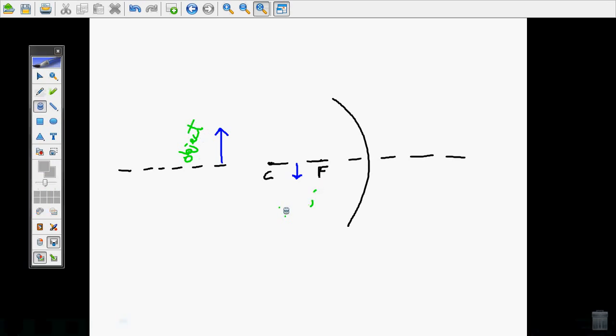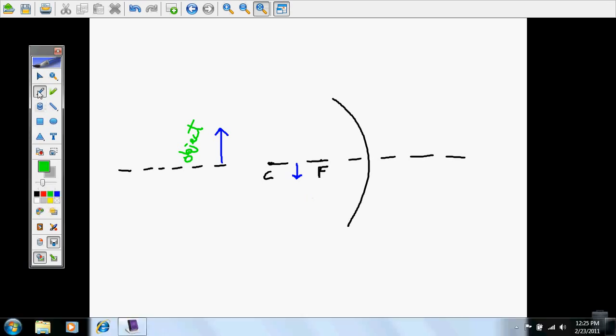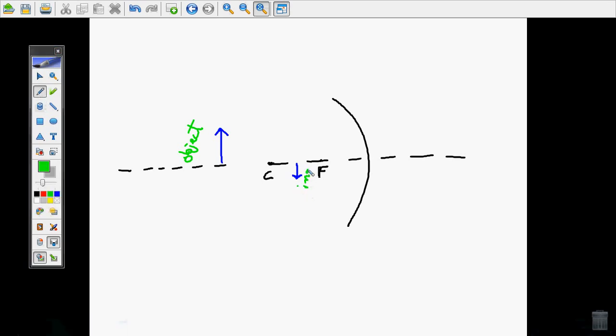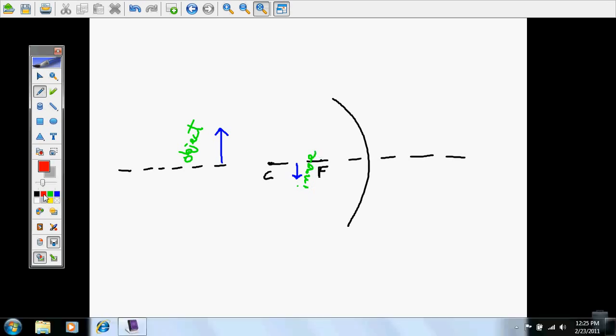And this whole arrow right here is the image. Does that mean there's a different formula for each situation? No. The same formula is going to hold.